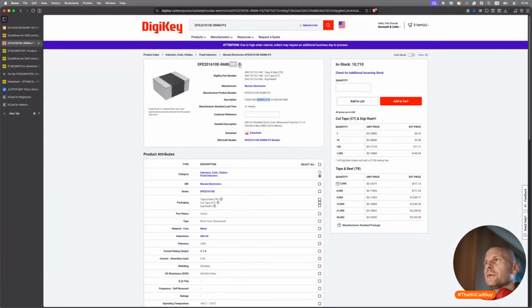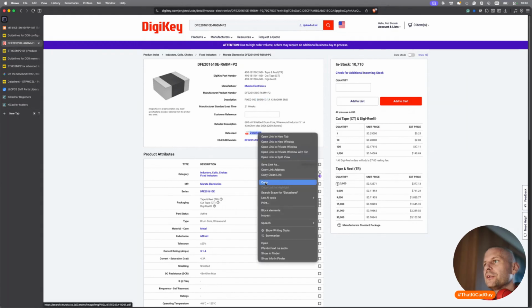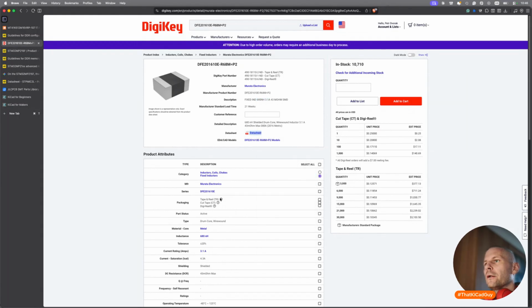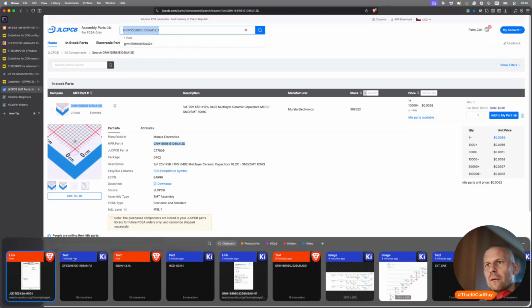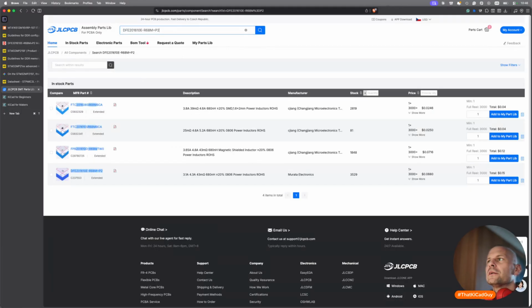so we have this part number. We have data sheet. What else? This IC code. Yes, that's the same. That's the same inductor. Okay.